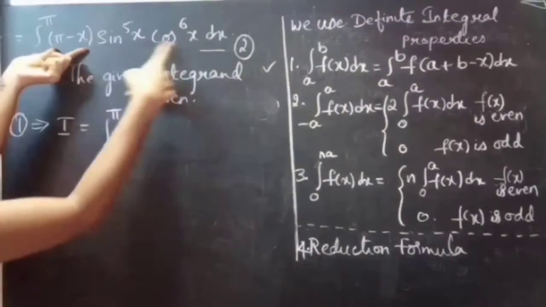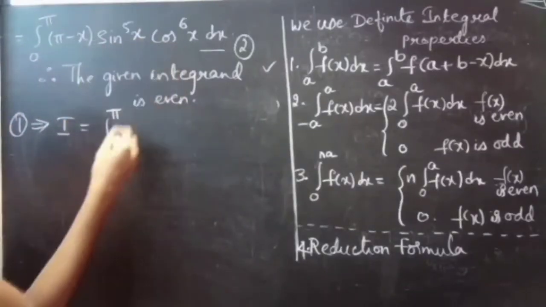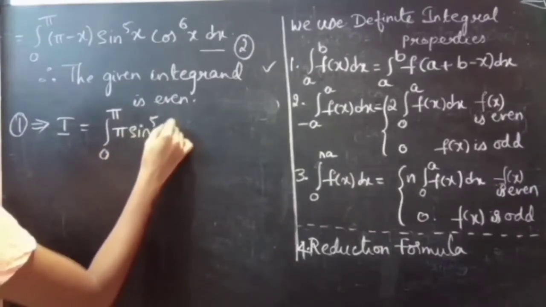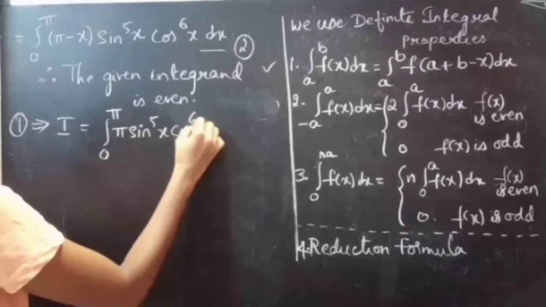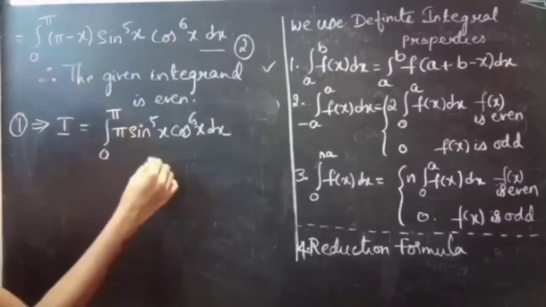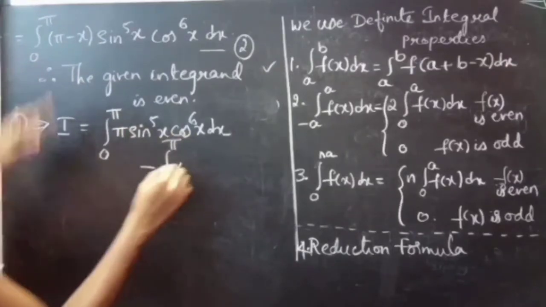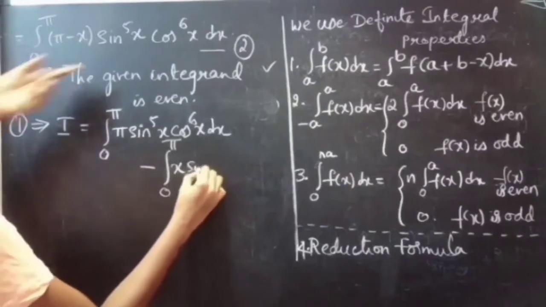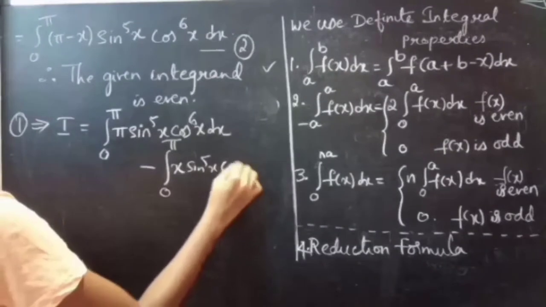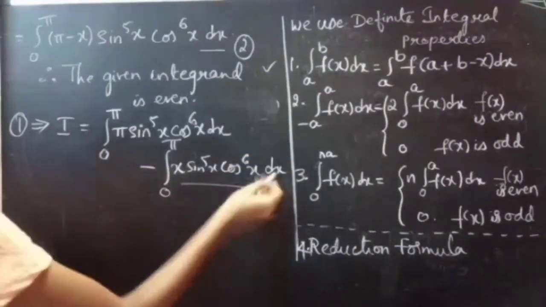Now you can write this as pi into this one minus x into this one, right? So pi into sine power 5x cos power 6x into dx minus integral 0 to pi x into sine power 5x into cos power 6x dx, which is your I.